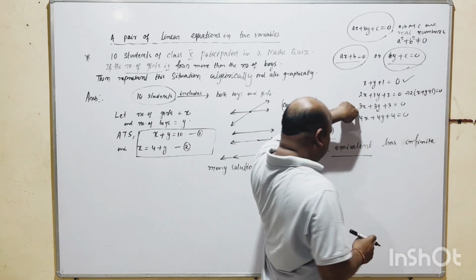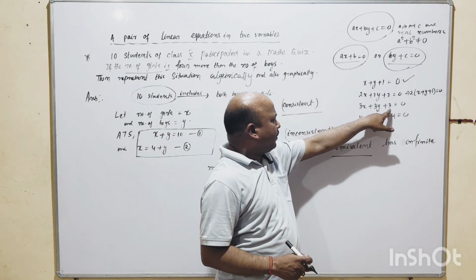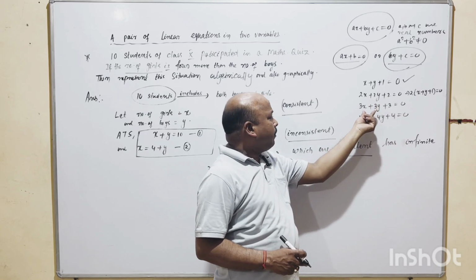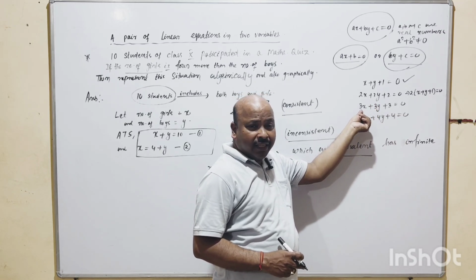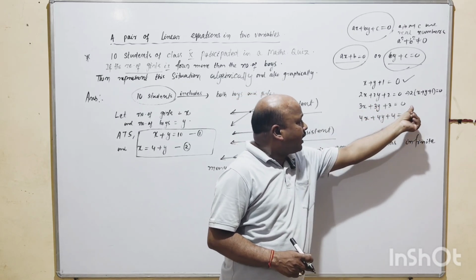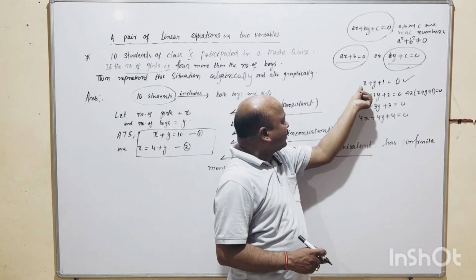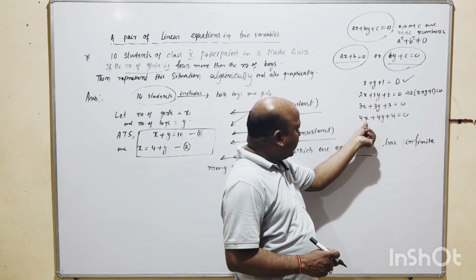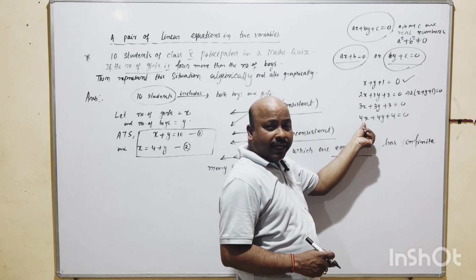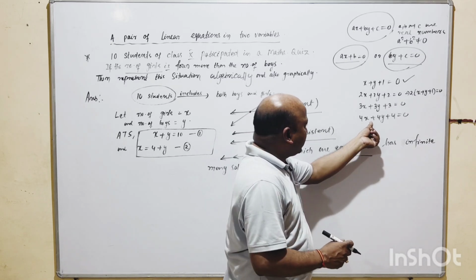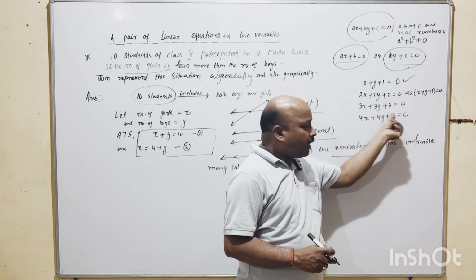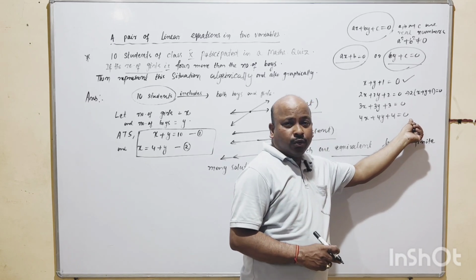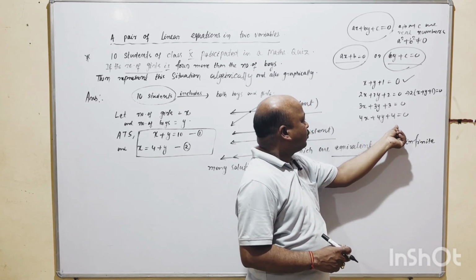Similarly, 3x plus 3y plus 3 equal to 0: if I take 3 common in the LHS and divide the RHS by 3, we again get x plus y plus 1 equal to 0, right? And in the last one, if I take 4 as common, it is x plus y plus 1, and dividing the RHS by 4, it is x plus y plus 1 equal to 0.